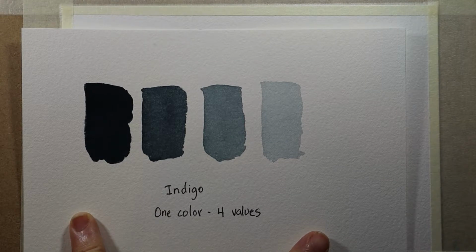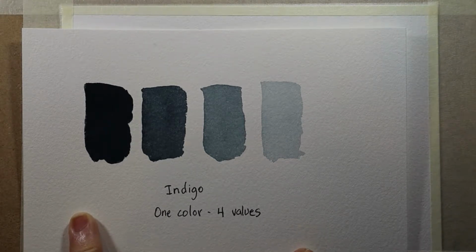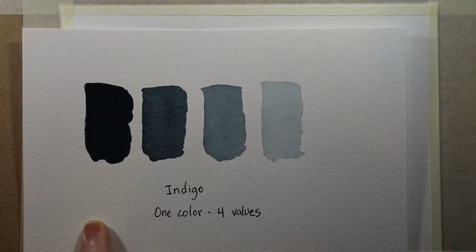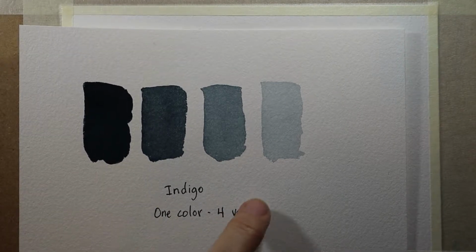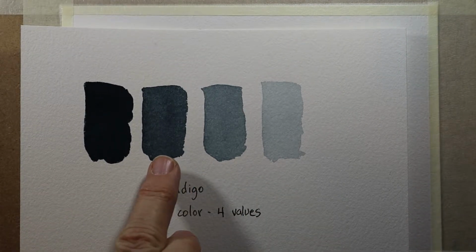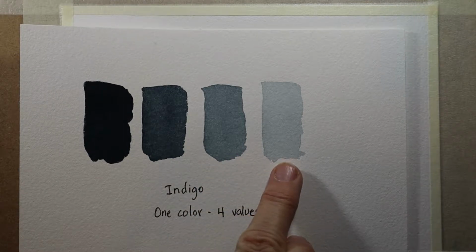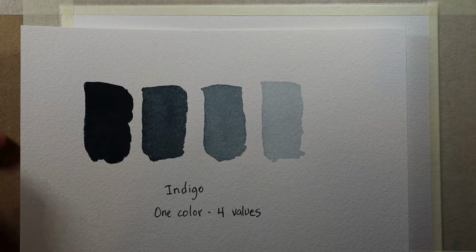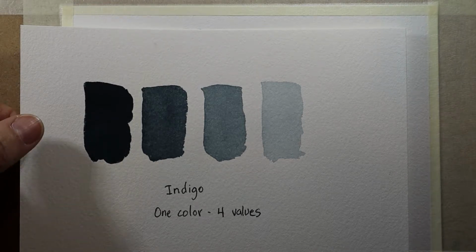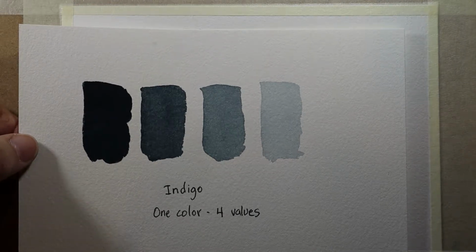This is my Indigo color from the Mijello Mission Gold paint set that I use. This is with almost completely black to a medium dark, medium light to a fairly light value. Of course, I'll also include some areas of white in the painting, so I'll have 5 values total is what I'm attempting to do.